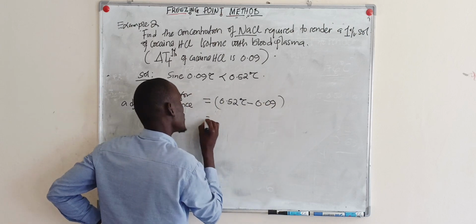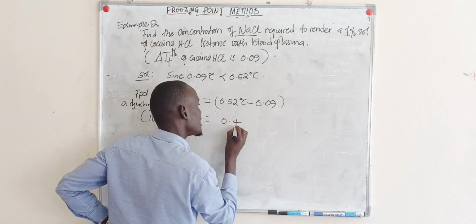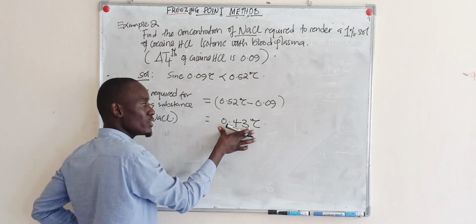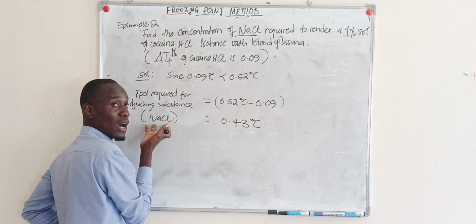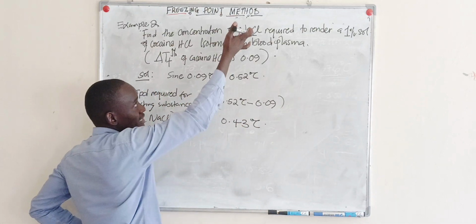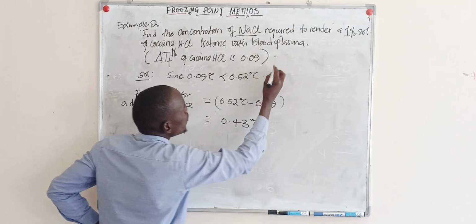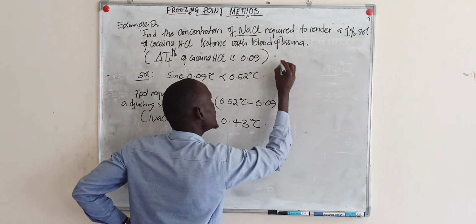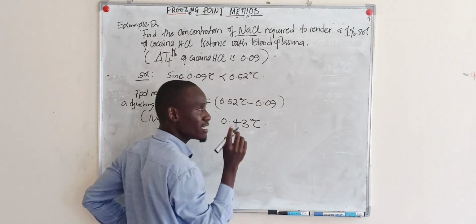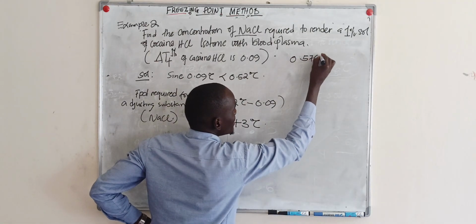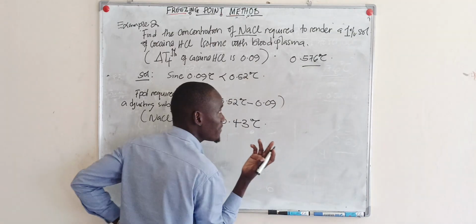And when we subtract this, we shall get 0.43 degrees C. So this is the freezing point depression required for our adjusting substance, which in this case is sodium chloride. So from our relationship, we know that the freezing point depression of a 1% solution of sodium chloride is 0.576 degrees C from our previous example.